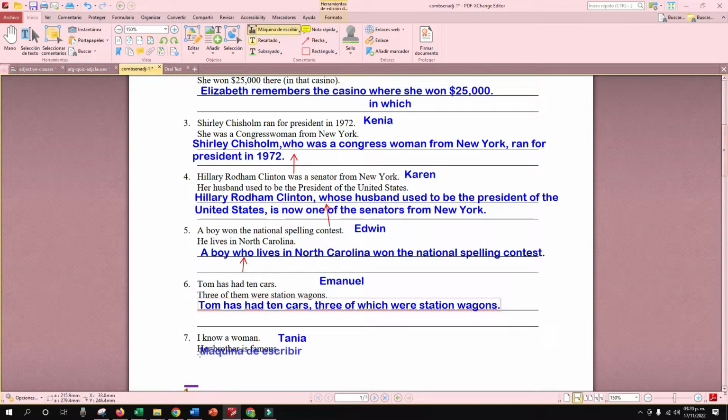Nice, excellent. So in this case you should use "of which", so there is "which were station wagons". Excellent, nice, Emmanuel. Thank you.